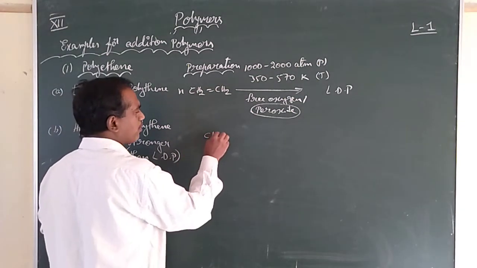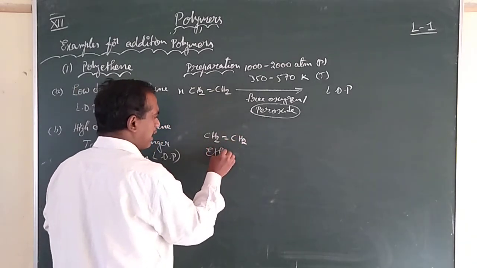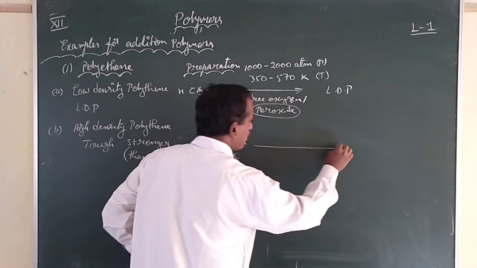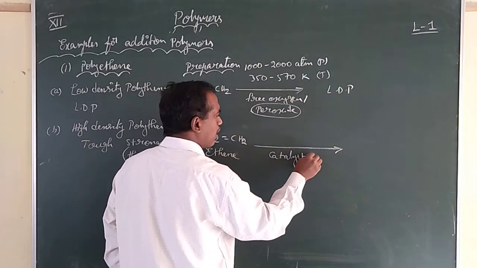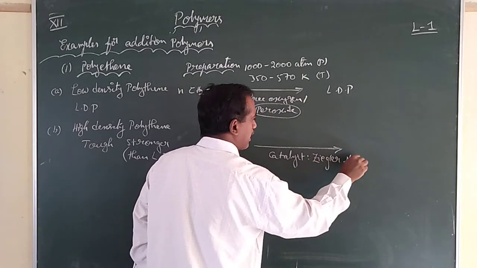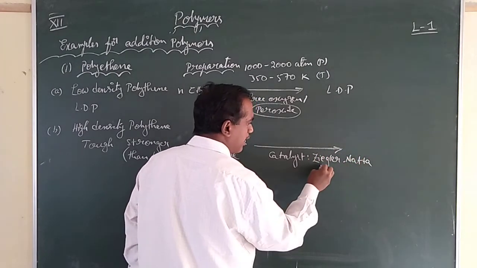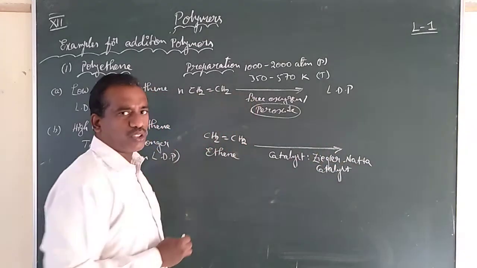It is formed by reacting ethene in the presence of a catalyst called the Ziegler-Natta catalyst.